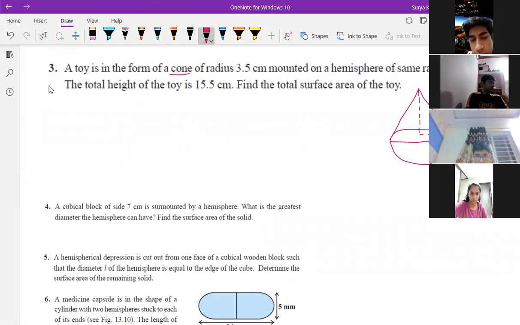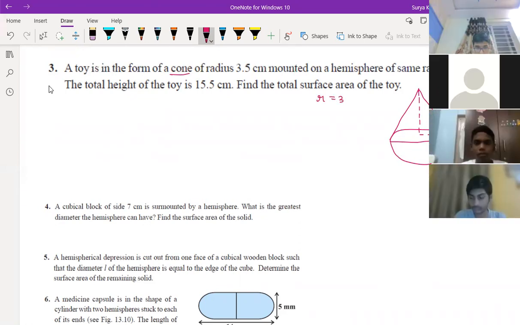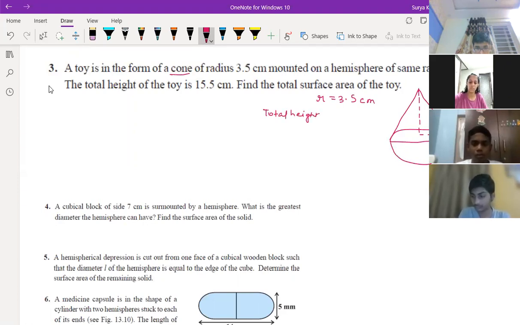The toy is in the form of a cone of radius 3.5 centimeter. So you can write here, radius of the cone is 3.5 centimeter. Total height of the toy is 15.5 centimeter.